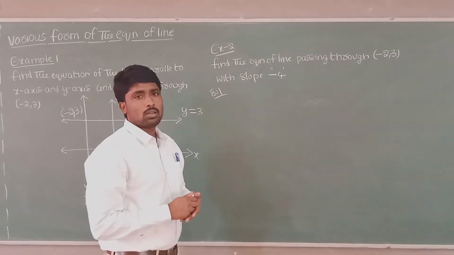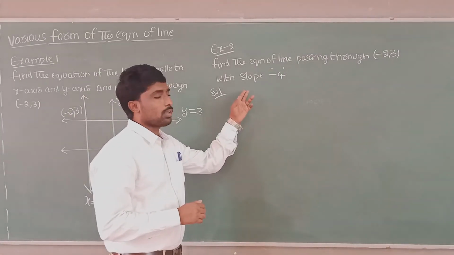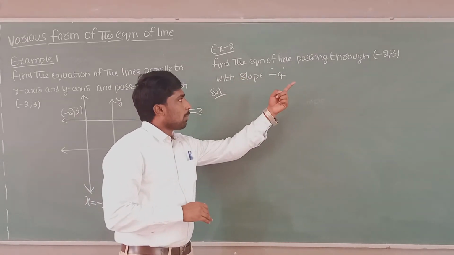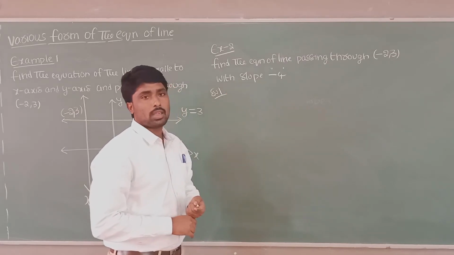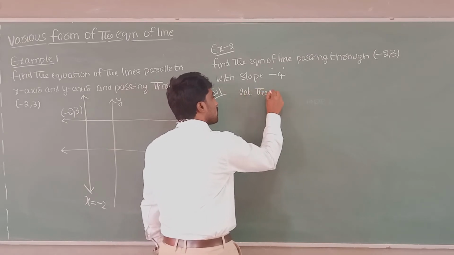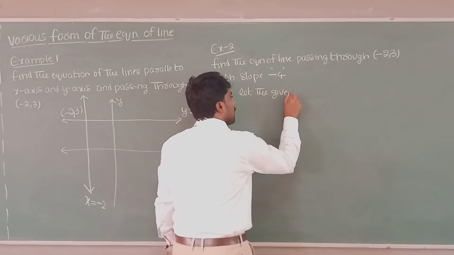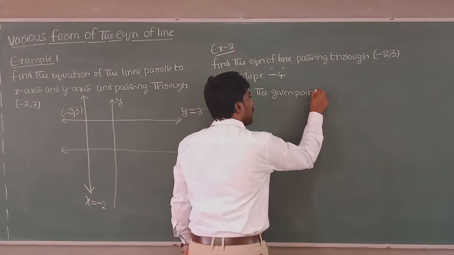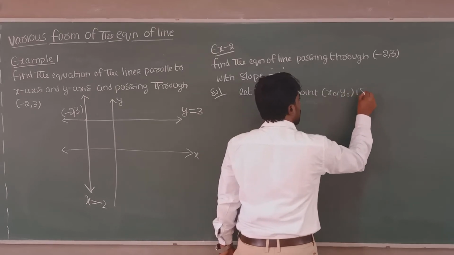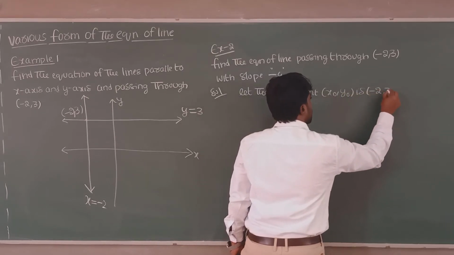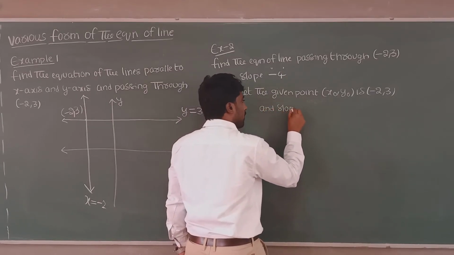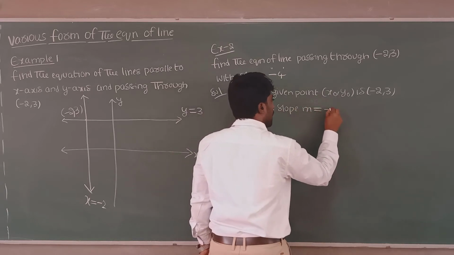Now all of you observe here. It is based on the point slope form of a straight line. Find the equation of a line passing through the point with the line slope m they give. Now let the given point x0 comma y0 be minus 2, 3 and slope m is equal to minus 4.